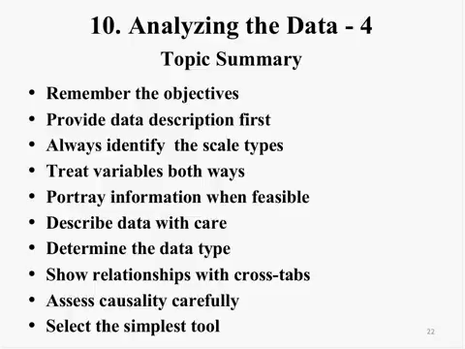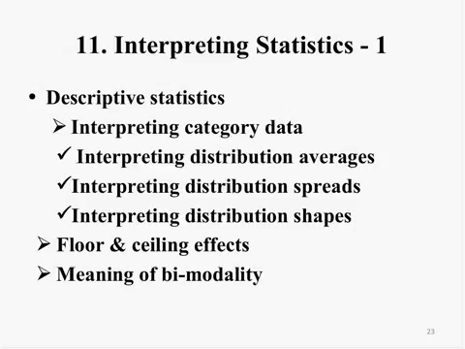Okay, great. Why don't we continue on with the presentation of content? I currently have slide 23 loaded onto the screen. Okay. Let's move on from 23. We're talking about descriptive statistics. Interpreting category data.